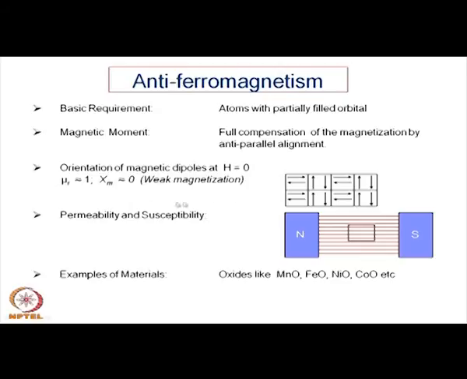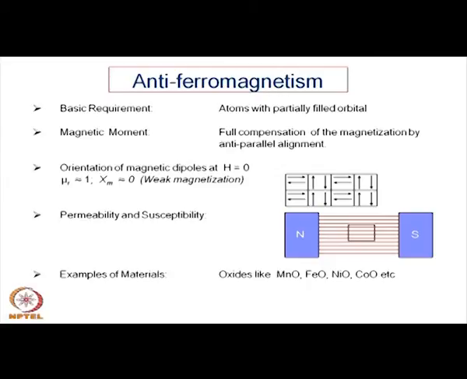Okay. But individually each atom has a strong resultant magnetic moment, but when combined in the crystal structure in a particular structure they get aligned in opposite directions. So, the examples are basically not metals or elements, in this case primarily the oxides like MO kind of oxides, MnO, FeO, NiO, CoO, all of them you will remember have a rock salt structure, sodium chloride structure.